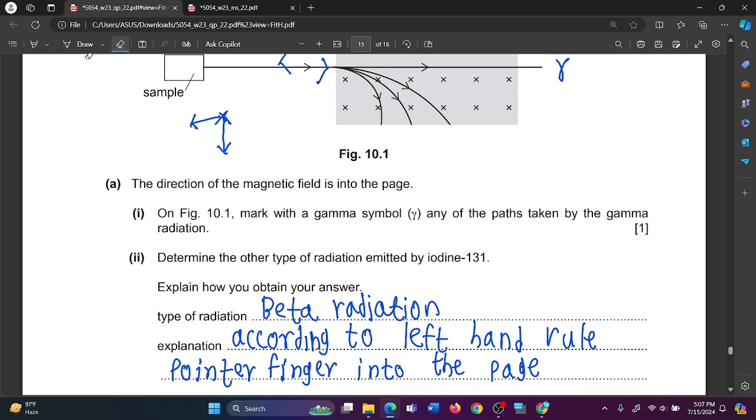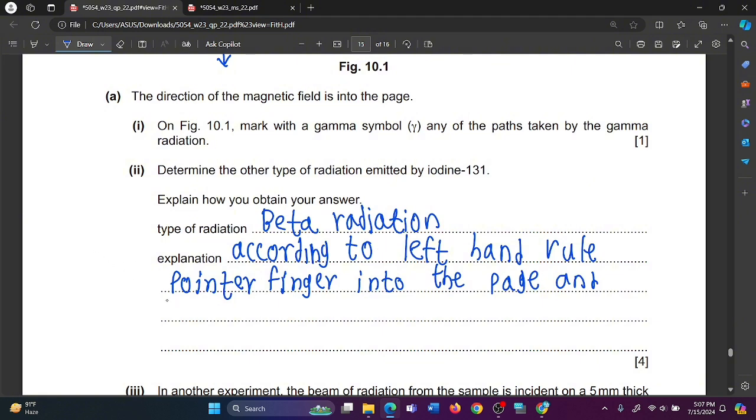We can control where two of the three fingers point, and the other is determined by the position of the two fingers. Thus we controlled the pointer finger into the page and the thumb pointing below.